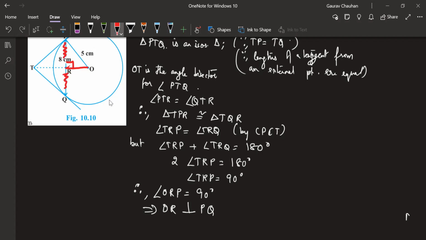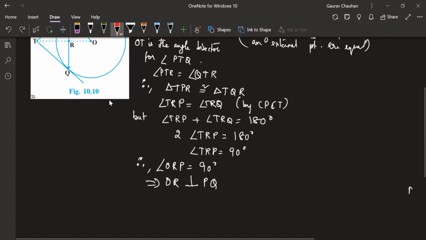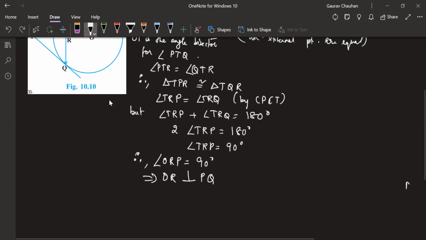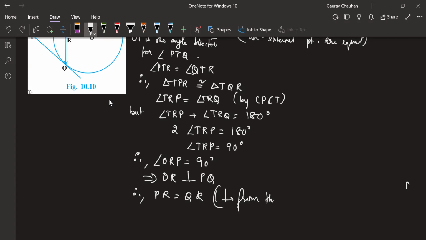So PR and QR are going to be equal. Therefore, PR is going to be equal to QR, or you can write it like this: perpendicular from the center bisects the chord. Ninth class theorem. Okay, perpendicular from the center to a chord bisects the chord.